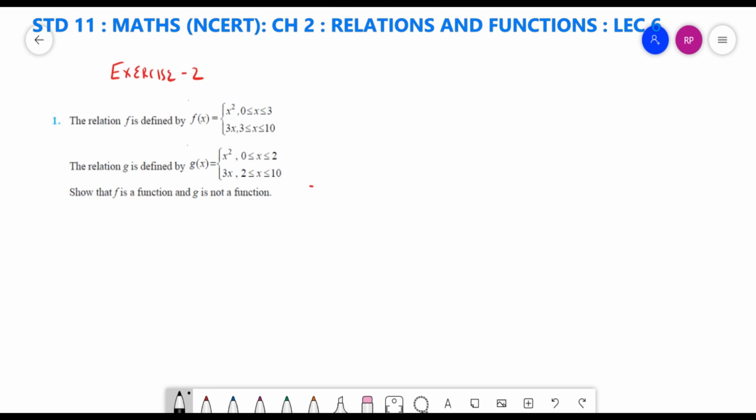So when I take this f, there are two functions here. First, f(x) is equal to x square when 0 is less than or equal to x is less than or equal to 3. And another, I can split it in two parts, 3x when 3 is less than or equal to x is less than or equal to 10.